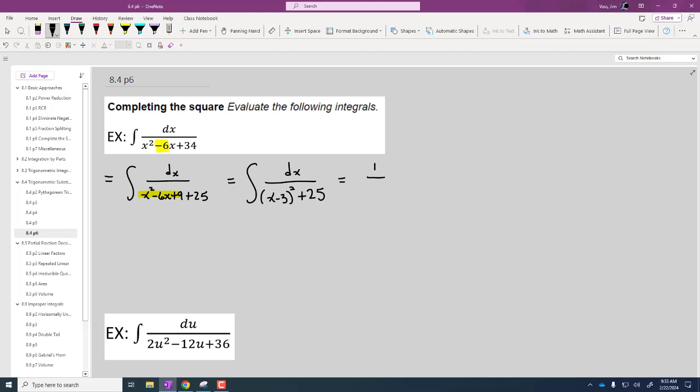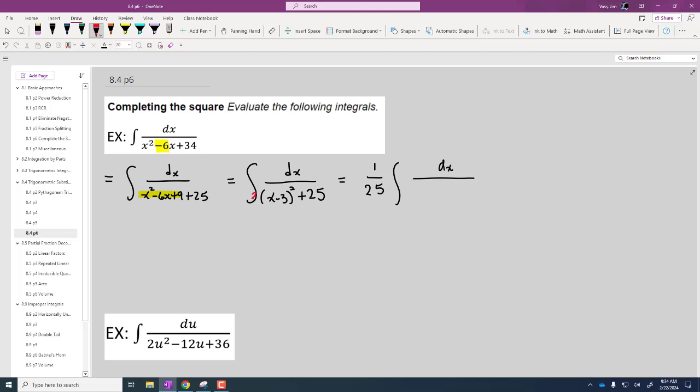That 25 is in the denominator, so we're going to pull that out in the denominator. And in the denominator we now have, let's think about this very first term. This first term here has no 25 in it. So when we start to factor out that 25, if there's no 25 in it, it introduces a 25 into the denominator.